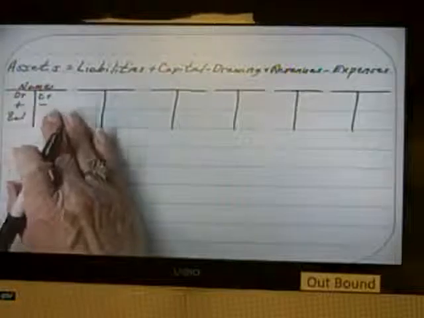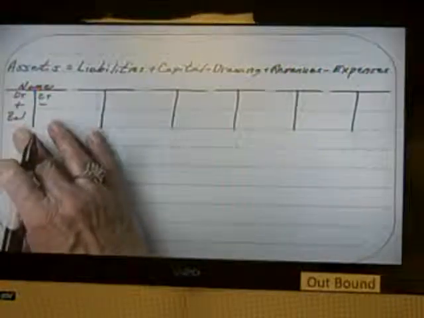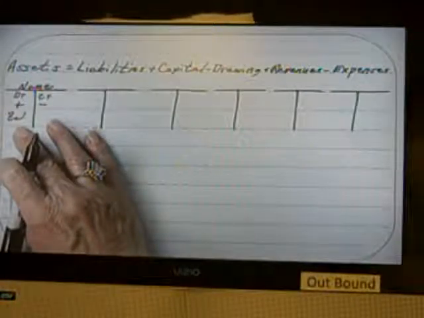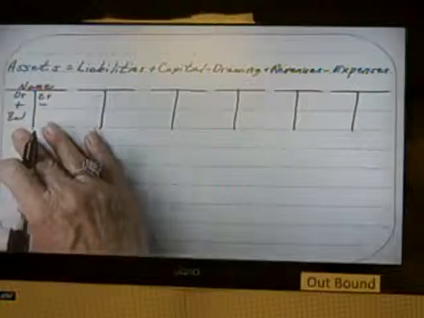The increase side is always the balance side. For assets, that's a debit. So assets would increase on the debit side and they should have a debit balance. So if we had a lot of transactions in an asset account and we were looking for the balance, it should be a debit balance.